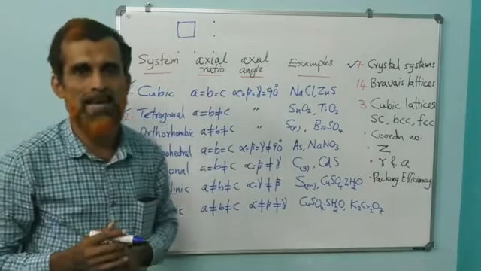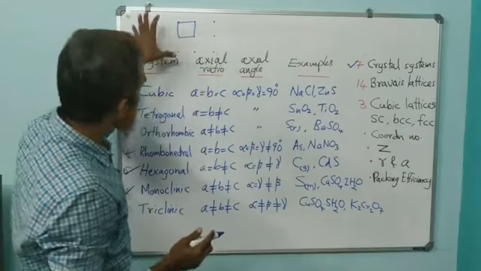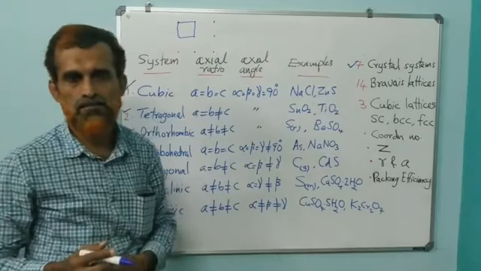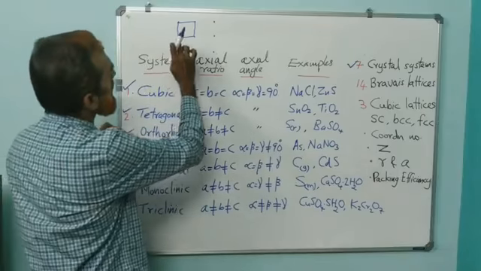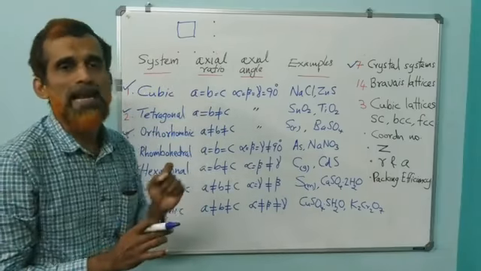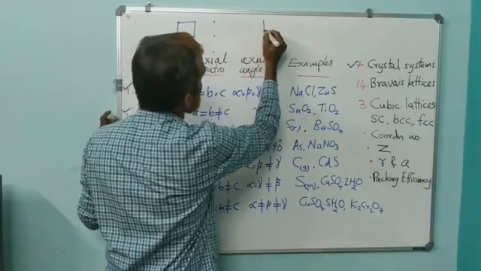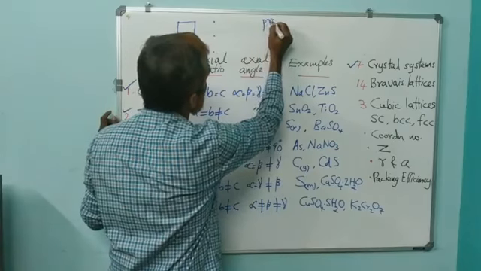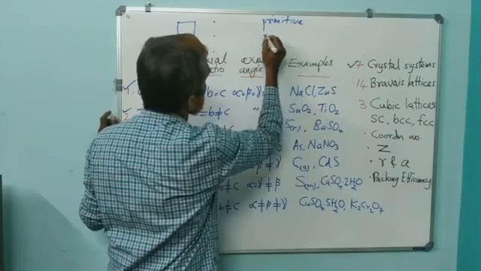This is a square lattice which repeats. You can see the repetition of this lattice along the 2 axes. This is called a primitive lattice. There are two types of lattices. One is called primitive and the other is called centered.